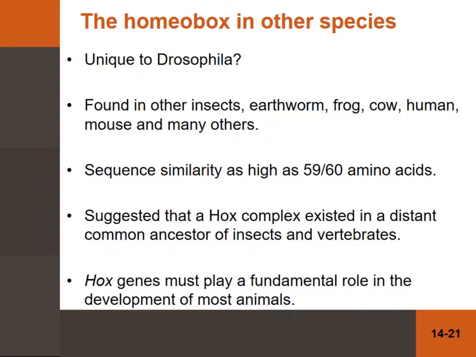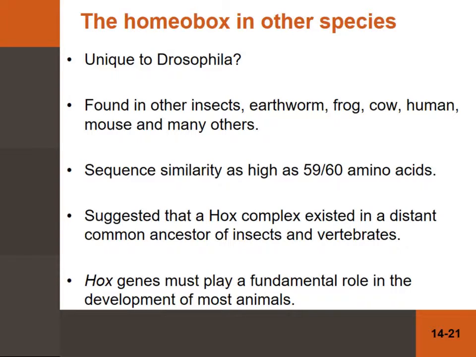When the homeobox was discovered in fly Hox genes, it raised the question, are they unique to the fly or are they found in other species? So the hunt was on, and they very, very quickly found these Hox genes in other insects, in the earthworm, frog, cow, human, mouse, and many, many others.